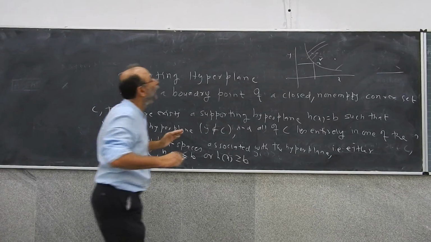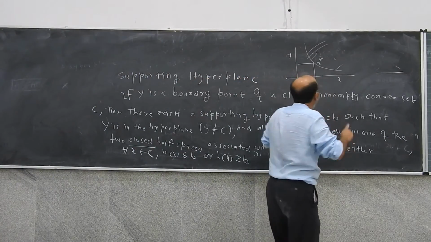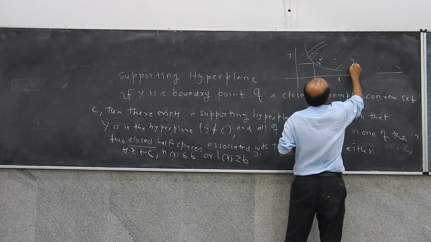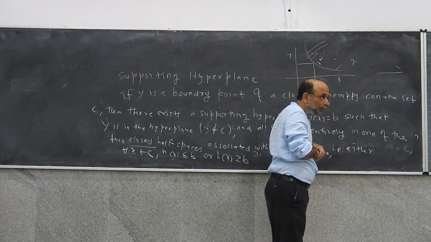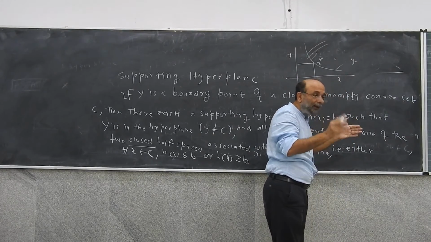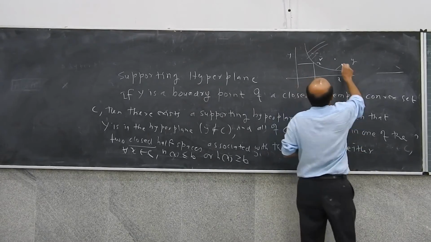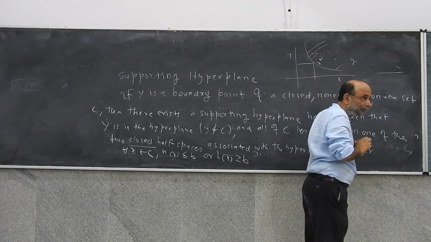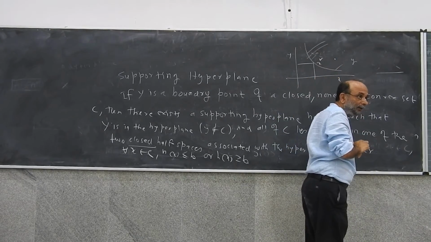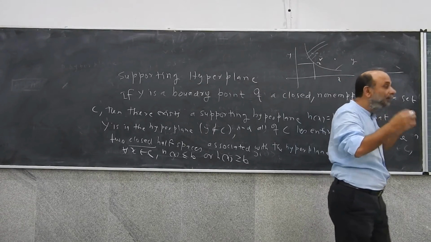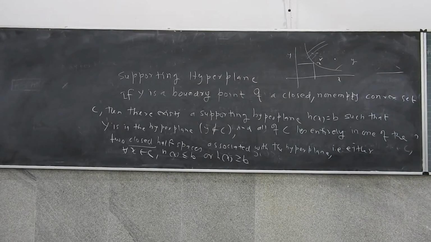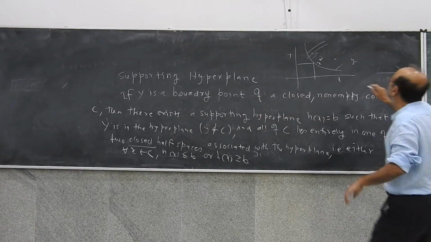So it says that if you think of some y, there will exist consumption bundles which will have the property that the utility of these consumption bundles is at least as much as the utility of y. There are consumption bundles, right? Okay, right. So this gives you the supporting.